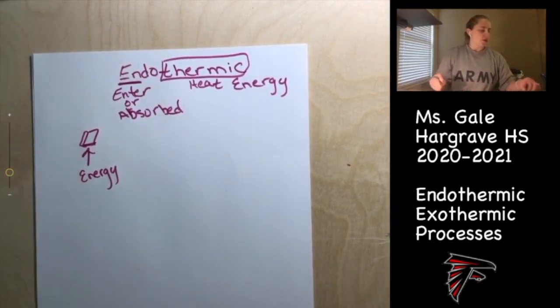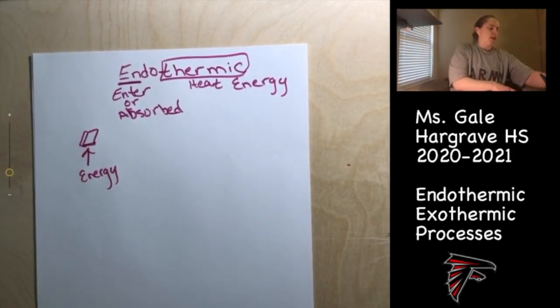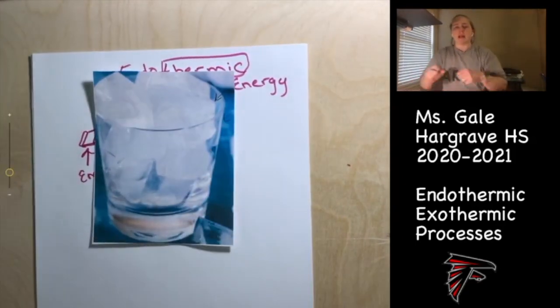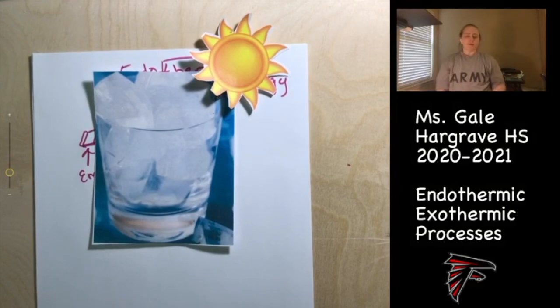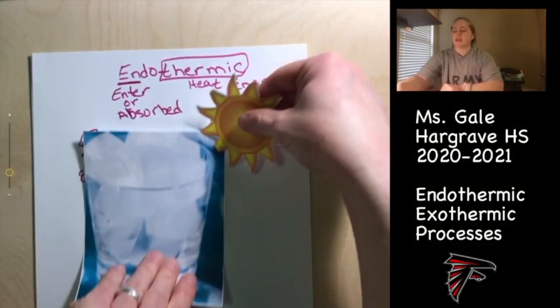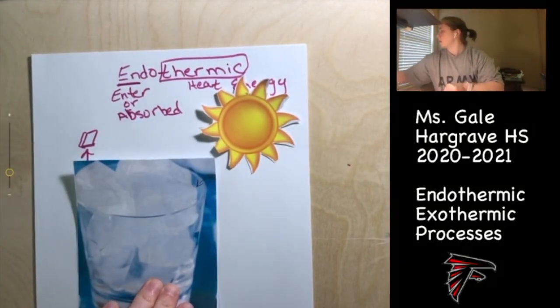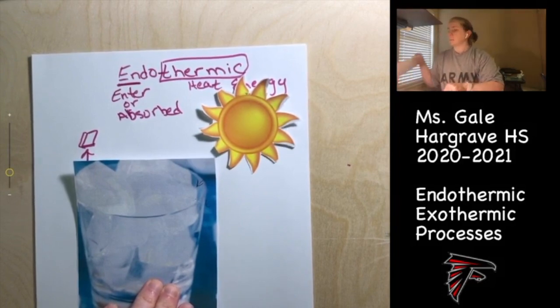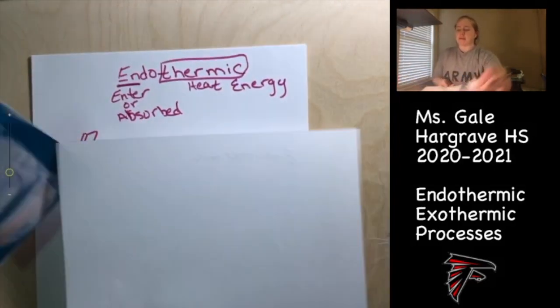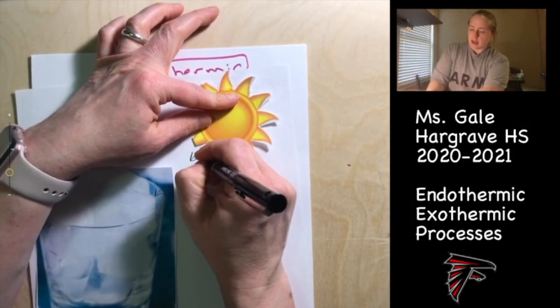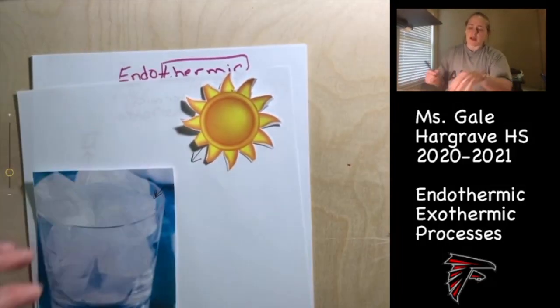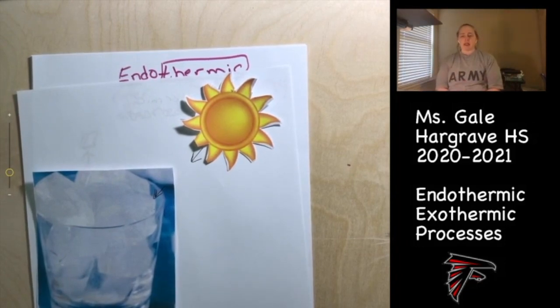So that is like I take my glass of ice, I set it outside in the sun. The sun's energy is entering into my glass of ice. It will melt my ice and make water.